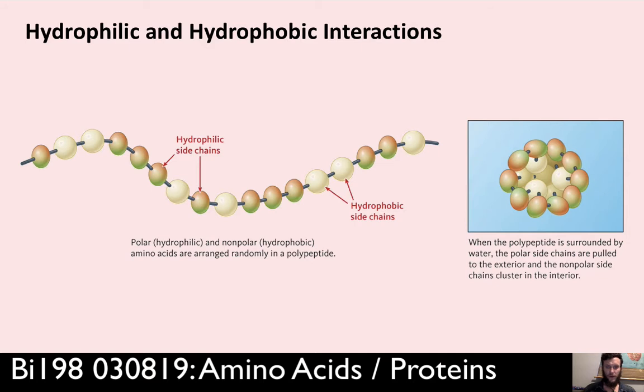You can see here we have a chain with a sequence of hydrophobic and hydrophilic amino acids alternating. Then we can take that chain and fold it up so that all of the hydrophilic amino acids are sticking on the outside of the protein, where they're exposed to water, and all the hydrophobic amino acids, which don't want to be around water because they're not polar, are all with each other, happily tucked away in the greasy core of the protein.